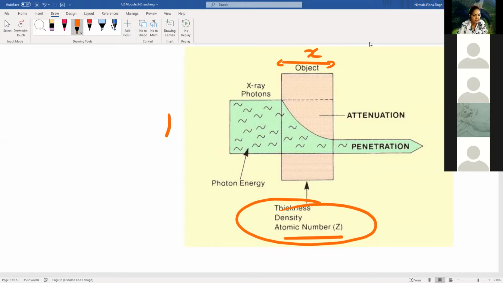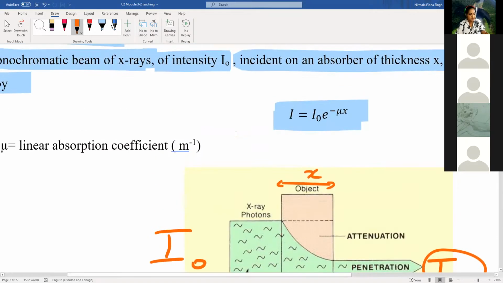So if I have my incident radiation I naught and my resultant or penetrative transmitted radiation I, how to work out I from I naught is a simple equation: I equals I naught e to the minus mu x, where mu is the linear absorption coefficient of your material.